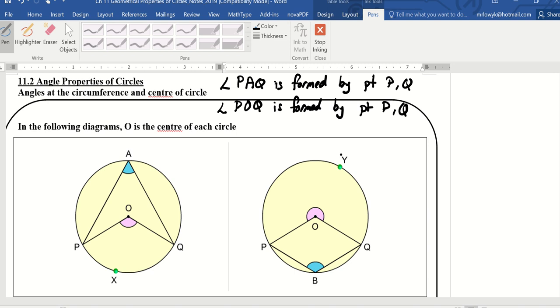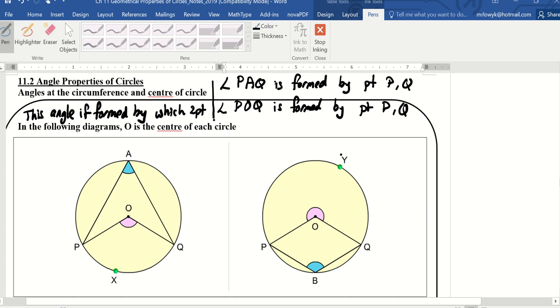Alright, this angle is formed by which 2 points? So I start. Angle A is formed by which 2 points? PQ. Do you follow? So later on when you do a question, also use the two fingers, just brush down like that, stop here. Then I'll ask you the next question.